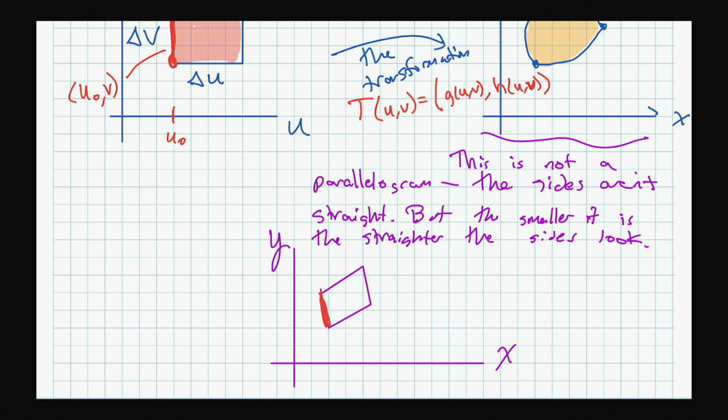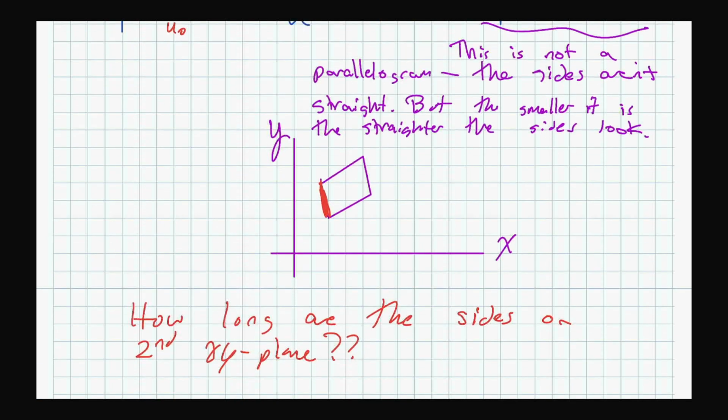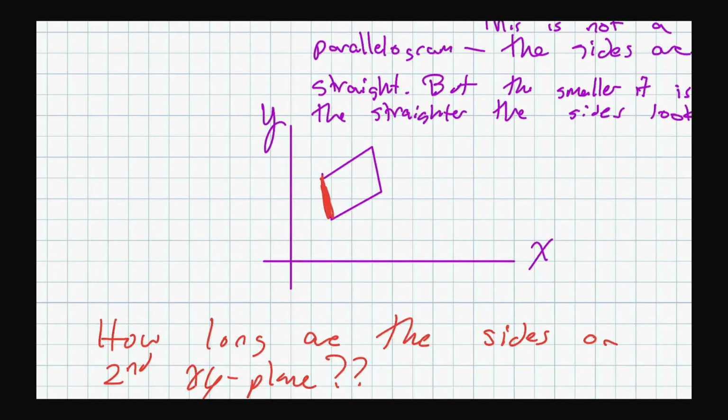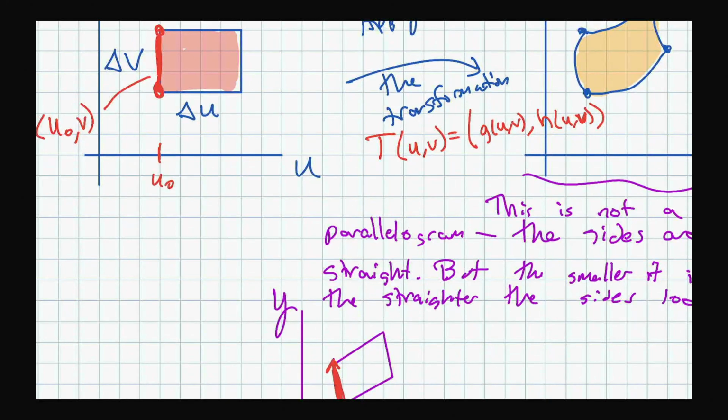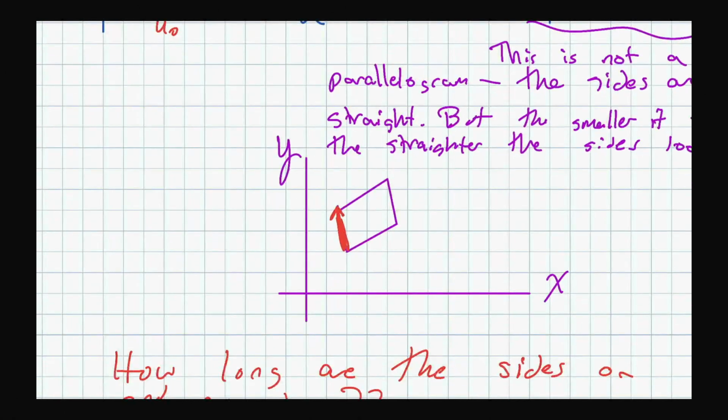T of uv equals g comma h. Well, it turns out that the direction that we have here, and actually the length that I drew, is going to be this. So this as a vector is going to be the x component here, which is g of uv, take the derivative with respect to u.